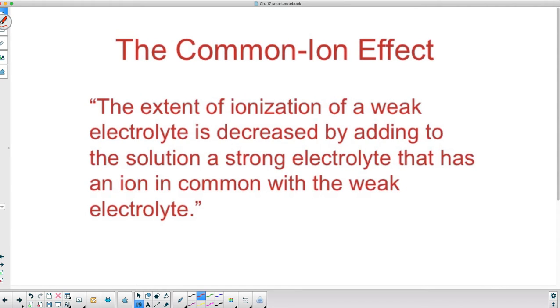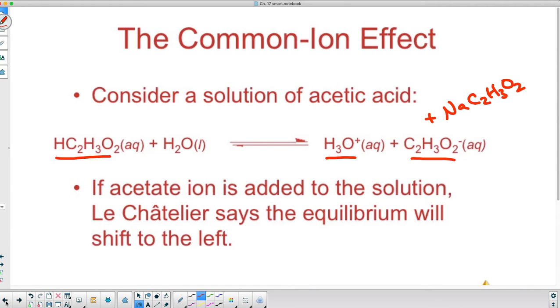Okay, I was getting ahead of myself. If the acetate ion is added to the solution, Le Chatelier's principle says that the equilibrium will shift to the left. That means that if I'm increasing the concentration of the acetate ion, that will push the equilibrium to the left.